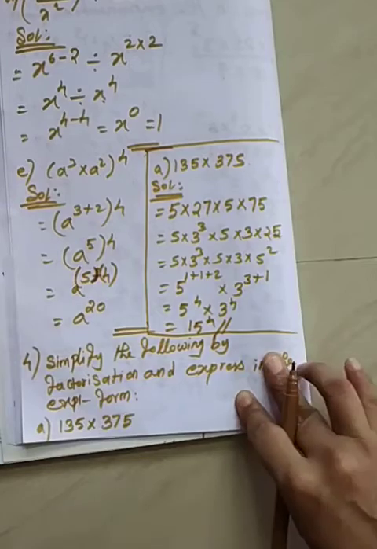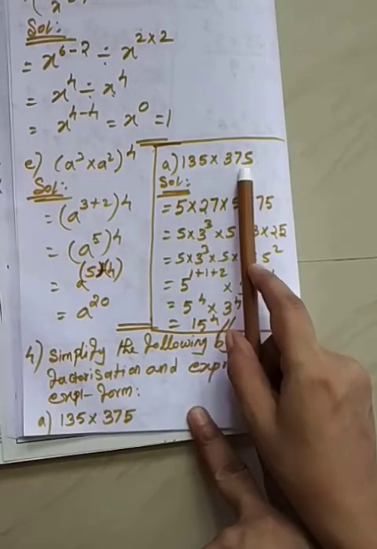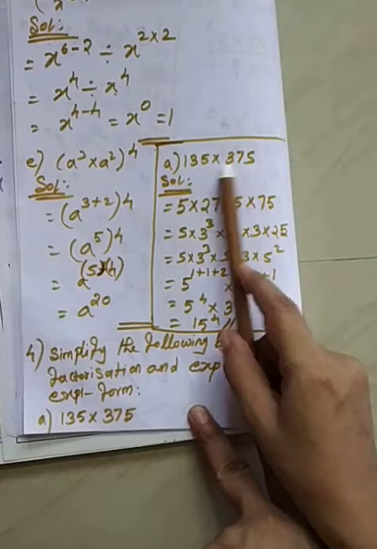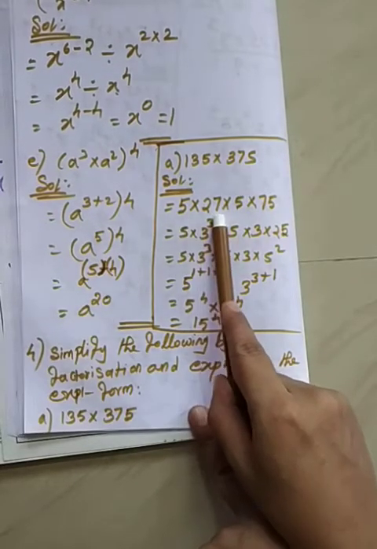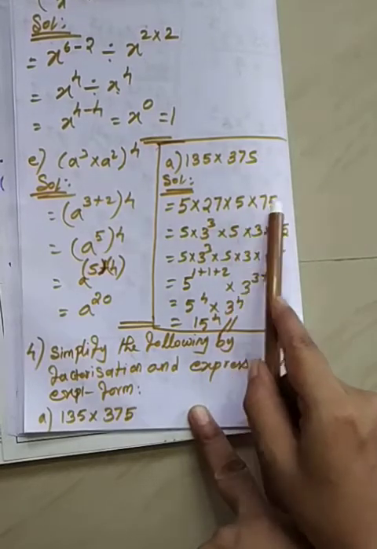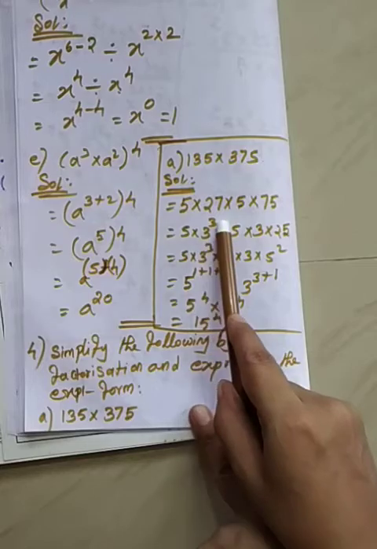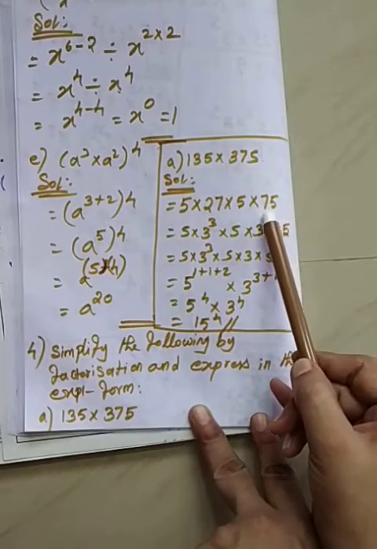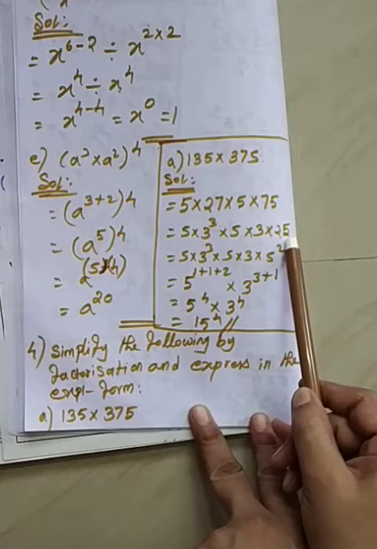Clear? See, first you have to factorize this 135 into 375. This 135 means you can write 5 into 27. In this one, 5 into 75. Everybody knows this 27 means 3 cube. Now you have to factorize this 75 as 3 into 25.